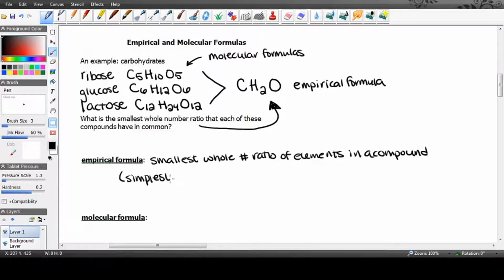I had trouble saying that word there for a second. Or the reduced formula. But like I said, there can be many compounds that have the same empirical formula that in fact are very different from one another. And so in order to understand what the substance actually is, we need the molecular formula. The molecular formula is the true or actual formula of the compound.